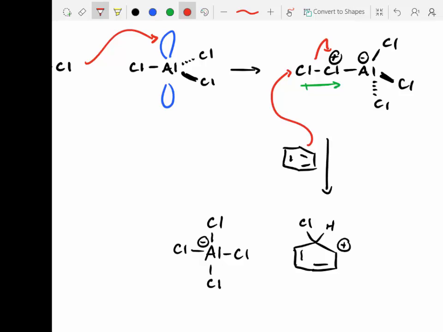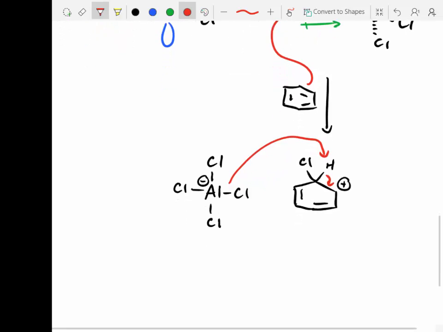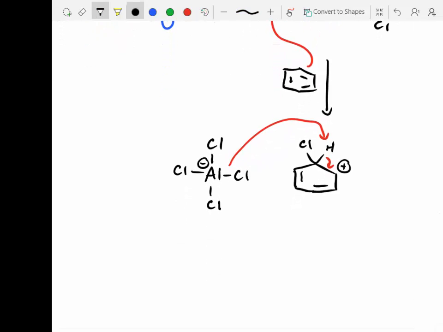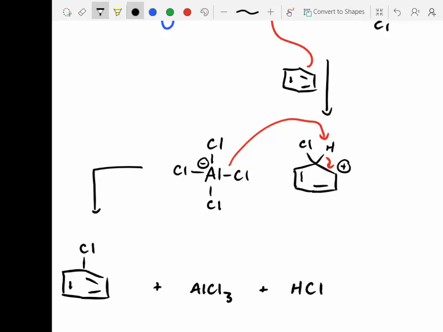It's something that oftentimes people overthink because it's a new reagent. But one of these chlorides will come, attack that proton, restore aromaticity, and all of a sudden we've regenerated our aromatic ring system. We've got aluminum trichloride remade, and our byproduct for this reaction is going to be HCl.